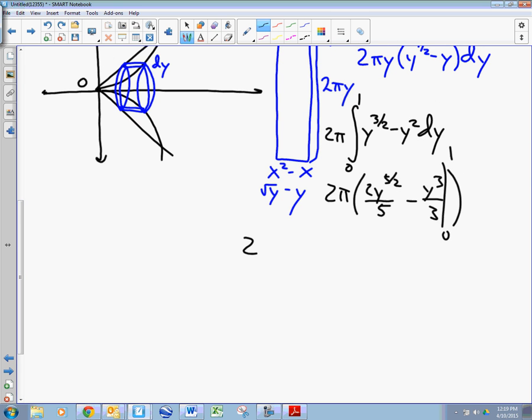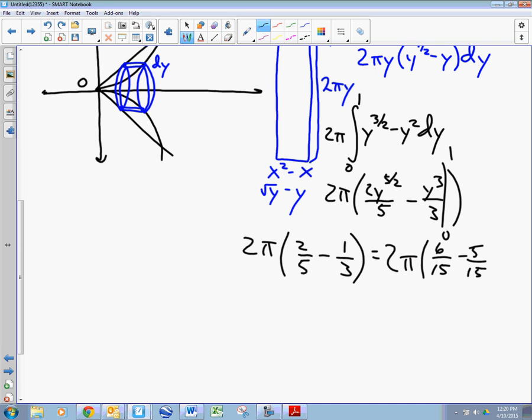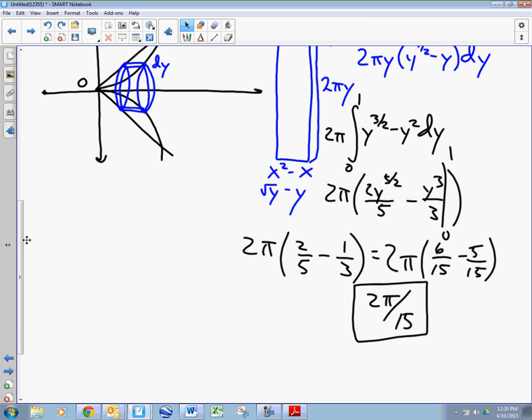Plug in 1, 2 pi times 2/5 minus 1/3, or 2 pi times 6/15 minus 5/15, 1/15, so 2 pi over 15. Awesome sauce.